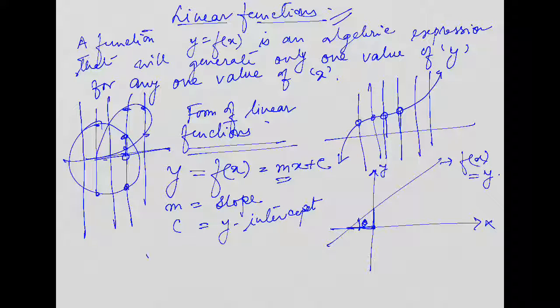So simply, m equals y by x, where y means this vertical distance and x means this horizontal distance.